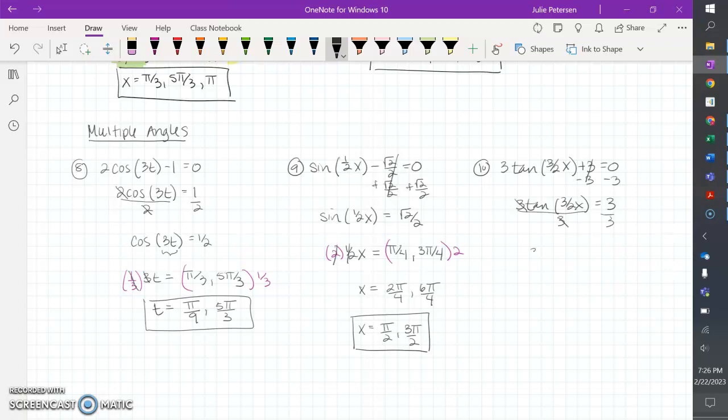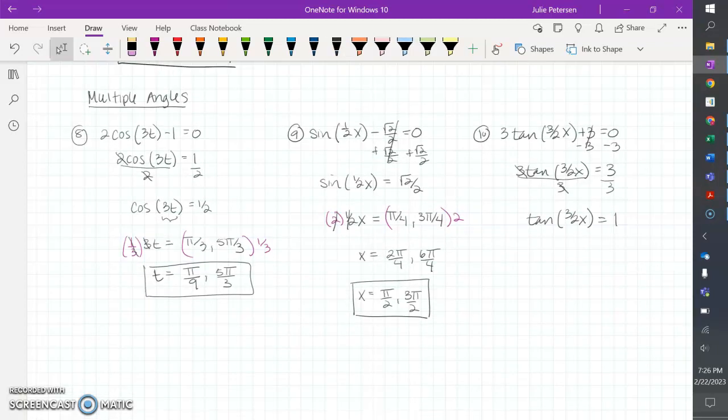And so I get tangent of 3 over 2x equals 3 divided by 3 is 1. All right, so we're going to figure out our angles where tangent is 1.